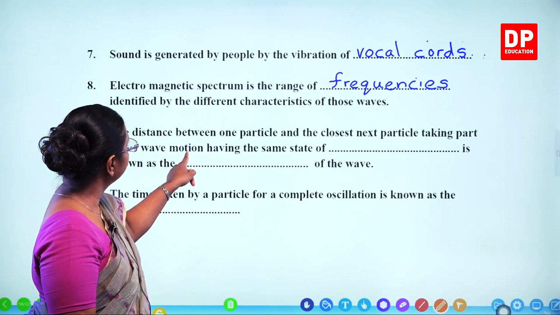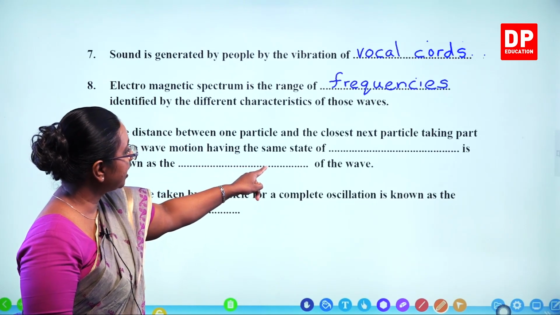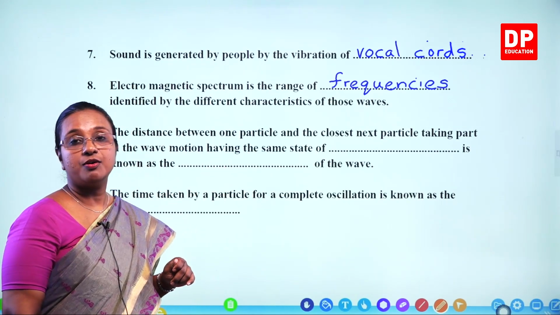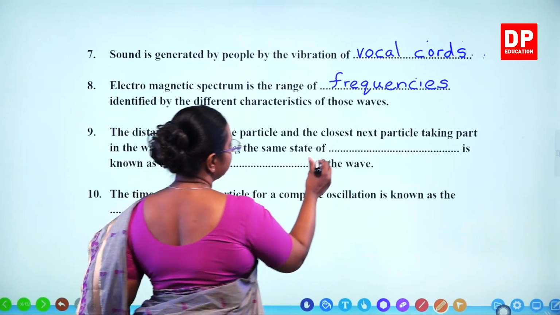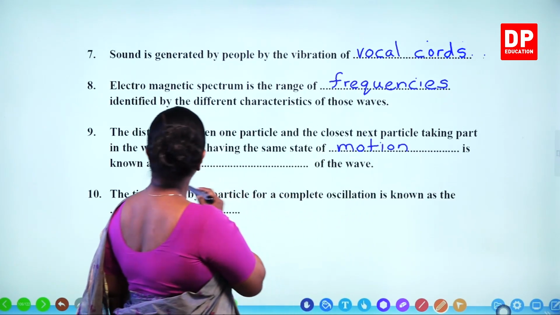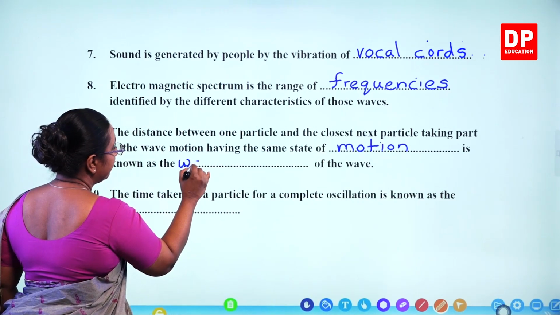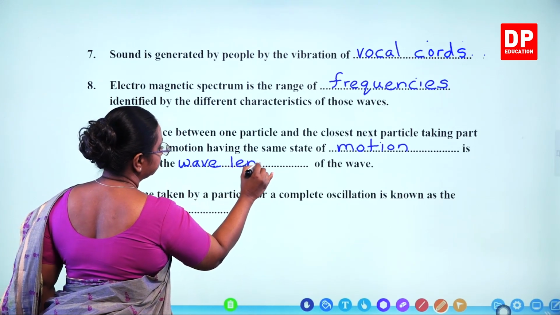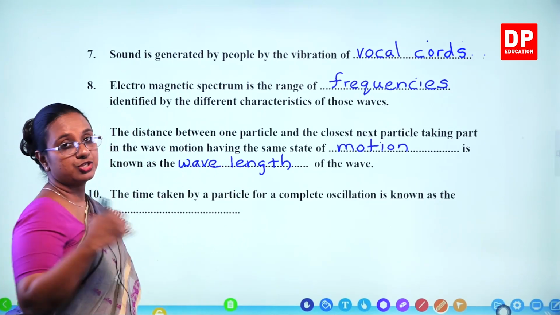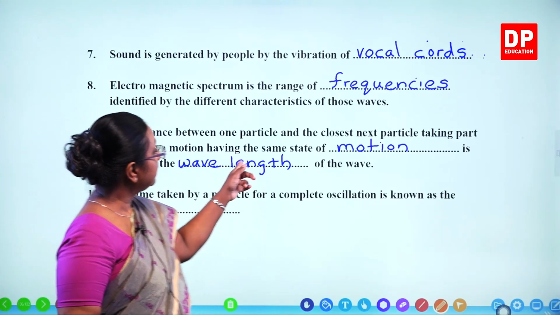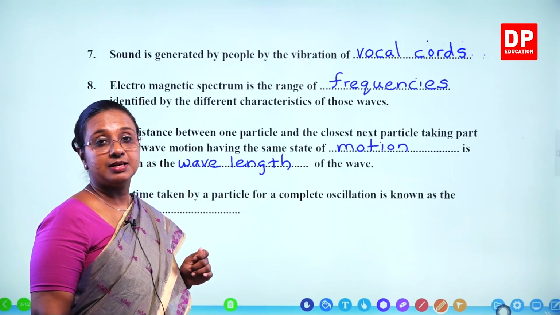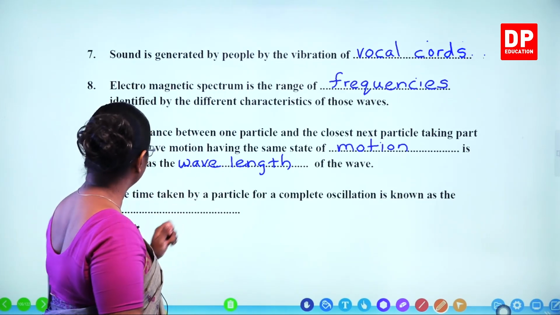The same state of motion or movement is known as the wavelength. Here this refers to the wave motion, that is the movement of the wave. Here the same state of motion of the particles which are next to each other, that is the wavelength.